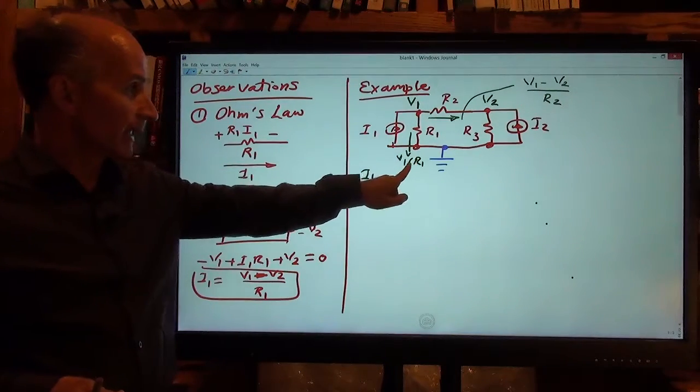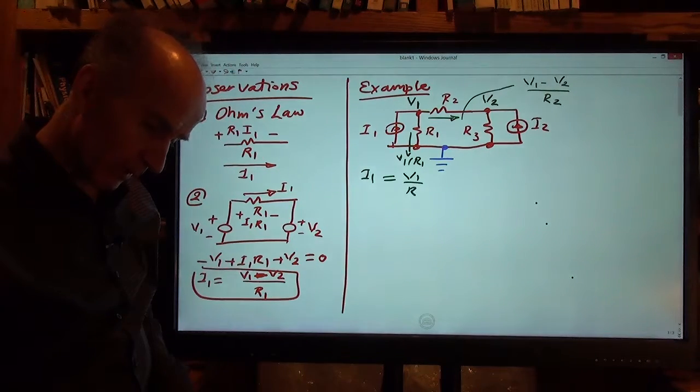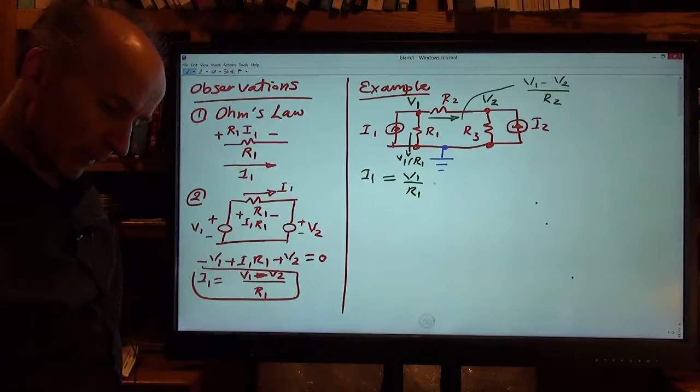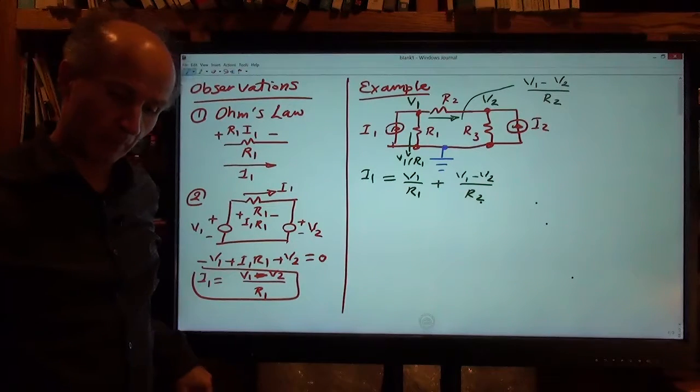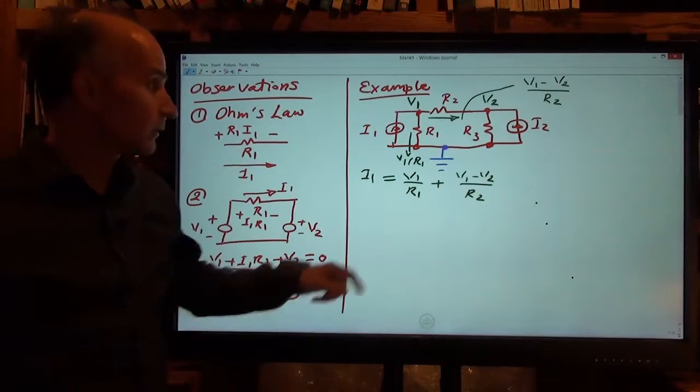This current is coming out, V1 over R1. And this current is also going out of this node, so plus V1 minus V2 over R2. So that is our first KCL corresponding to this node.